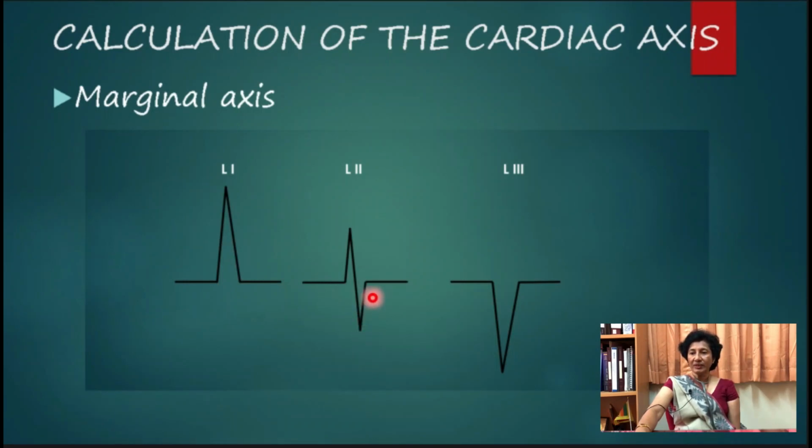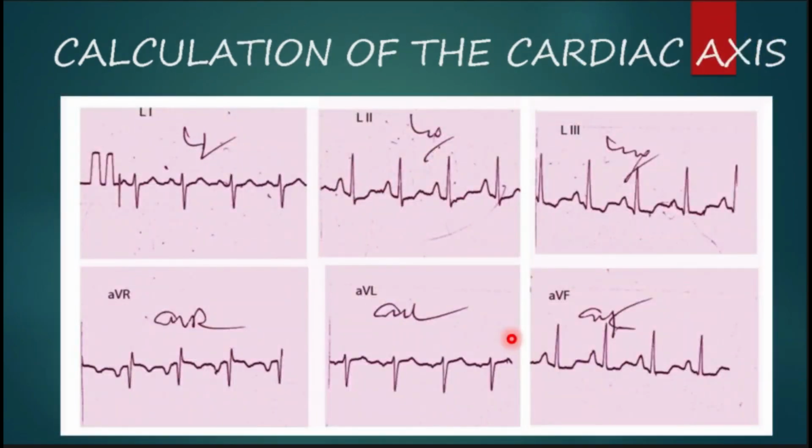With the negative polarity, there is a leave-in pattern. The patient's marginal left axis has progressed into left axis deviation. This can happen with the progression of the disease process.